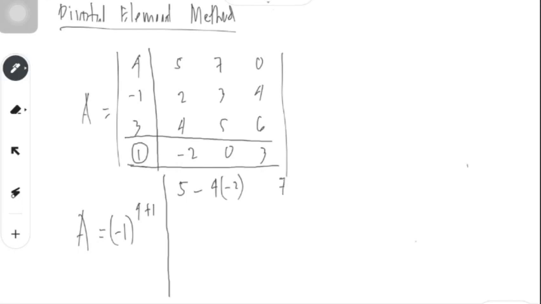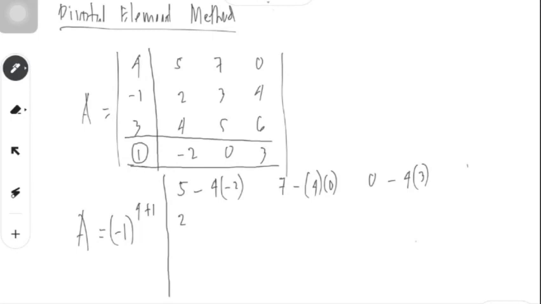Next, 7 minus. Project it to the left, we have 0 project it vertically downward, we have the 0. Next, 0 minus. You have 0 times 3. Next.